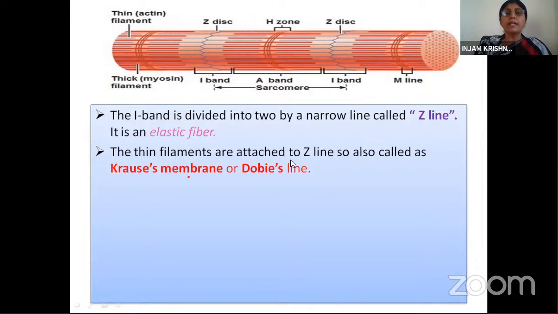The thin filaments are attached to the Z lines, so it is also called Krause's membrane or Dobie's line. See, these thin filaments are attached to the Z line, so this membrane is called Krause's membrane or Dobie's line.